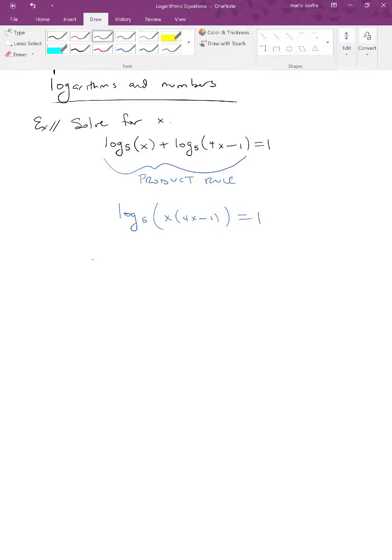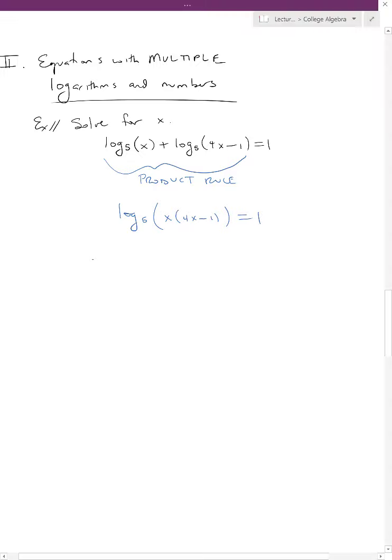So notice that what we did here is we get all logs onto one side, and then once you've done that, you use log properties to condense the logs.